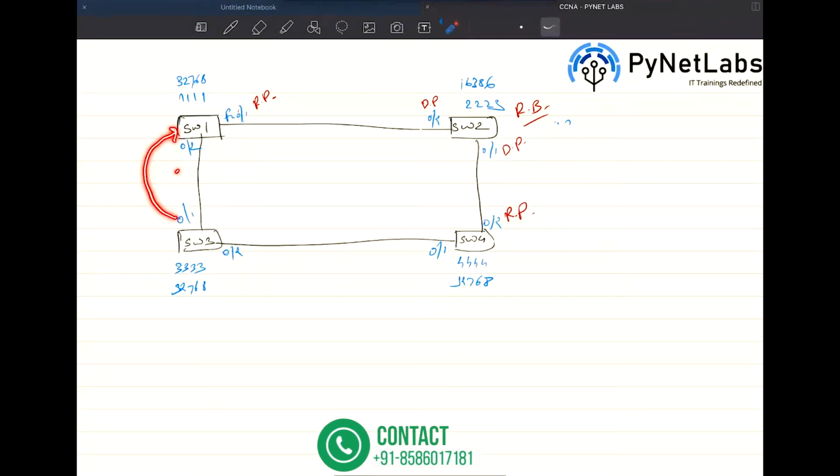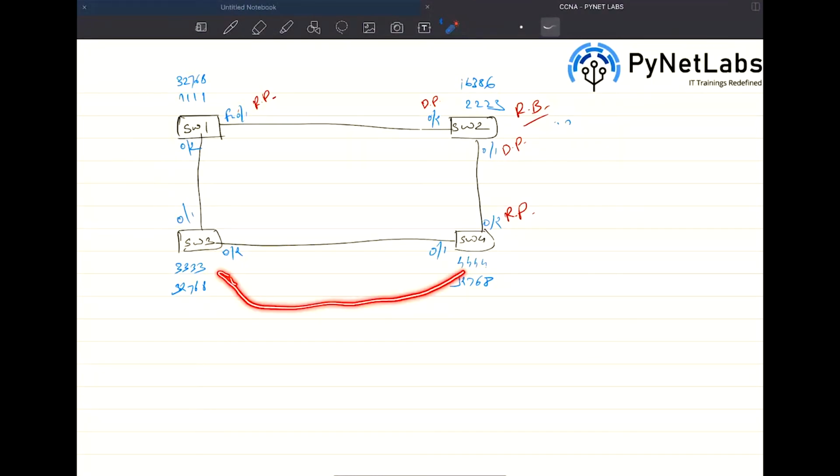So switch 3 is connected to switch 1 and switch 3 is connected to switch 4 as well. Who has the lower MAC address? Switch 1, right? And that's why it will select FA0/1 to be the root port of our switch 3. Do you all understand this?